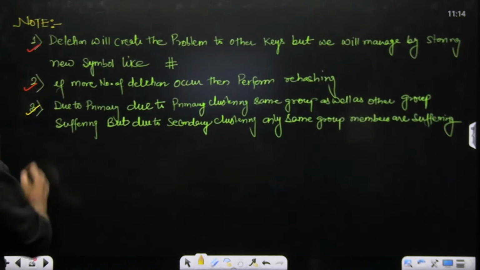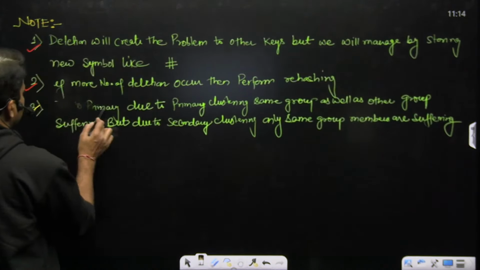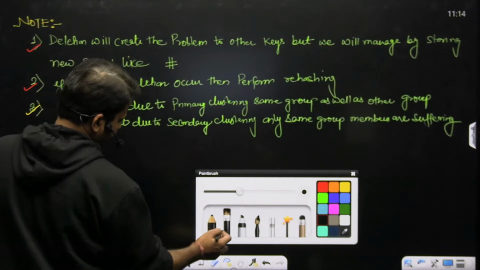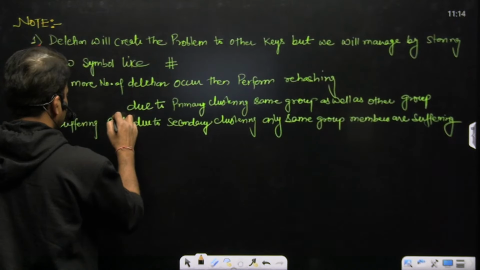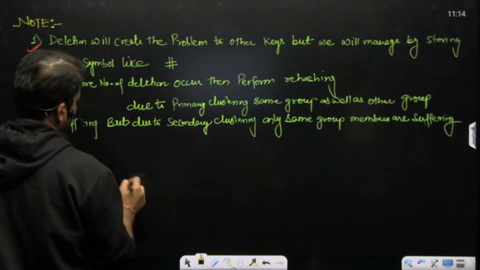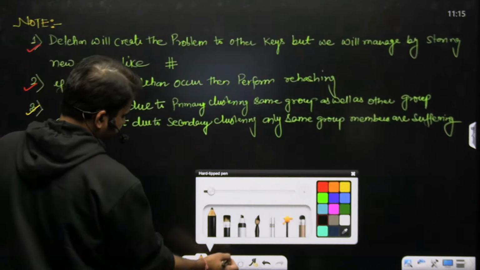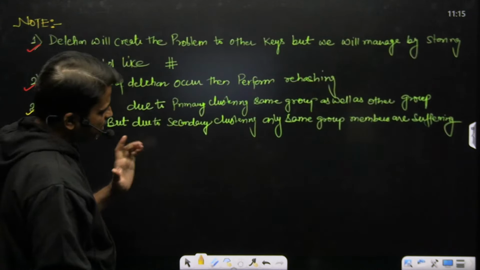So due to primary clustering, same group as well as other group suffering, but due to secondary clustering, only same group member are suffer. क्या बात है सर इसमें?